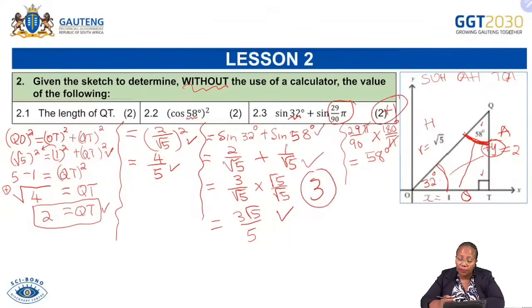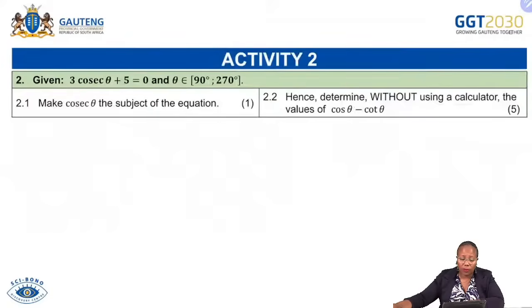Okay. And then moving on to the next question here. We are given 3 cosec theta plus 5 is equal to 0. It is still using a sketch, but now here the sketch is not given to you, grade 12. Okay. And then they say this theta angle lies between 90 degrees and 270.